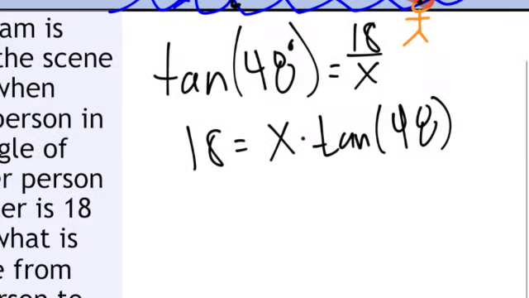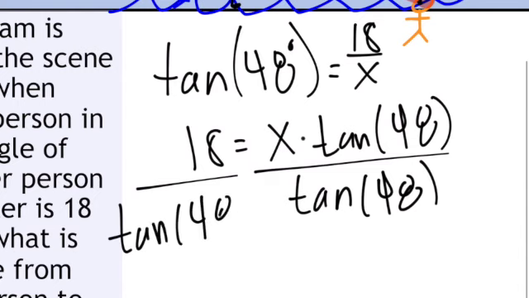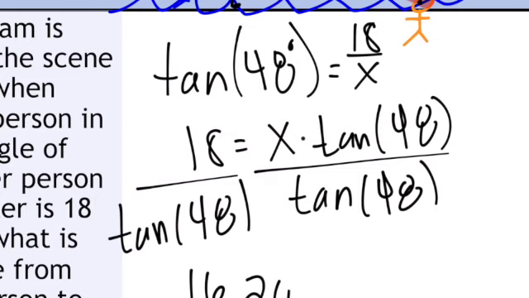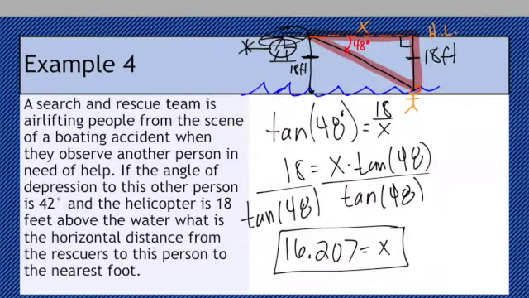Then I just divide by the tangent of 48, and that should be our answer. Plugging it into my calculator, 18 divided by the tangent of 48 degrees, I end up with 16.207. And there we go.